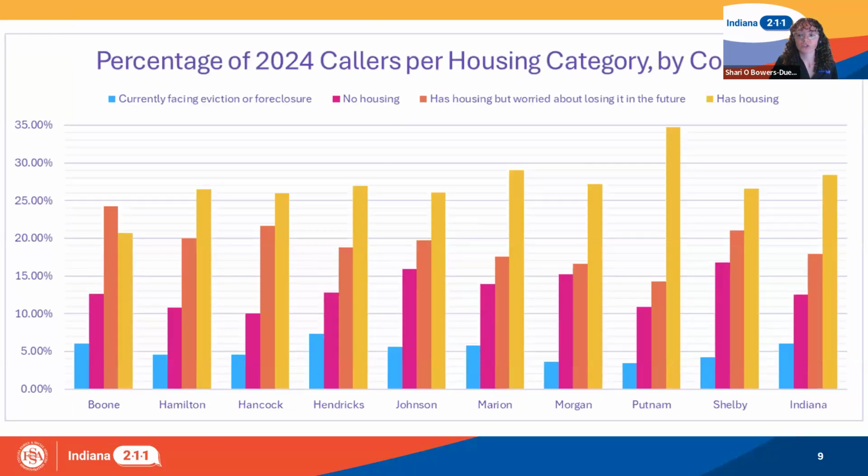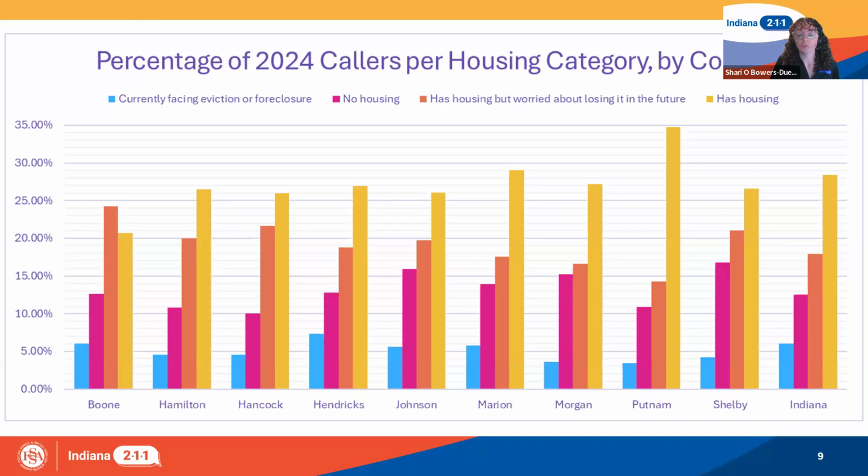And then this graph shows the percentage of 2024 callers with various housing situations. In every county here except Boone County, and in the state as a whole, the largest group was those who had housing at the time of their 211 call. Although it is worth noting that every county had less than 35% of their callers say that they had stable housing.